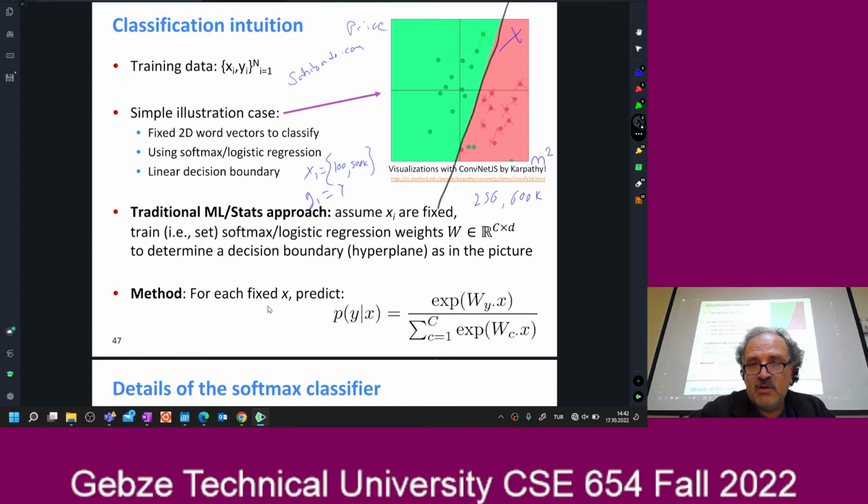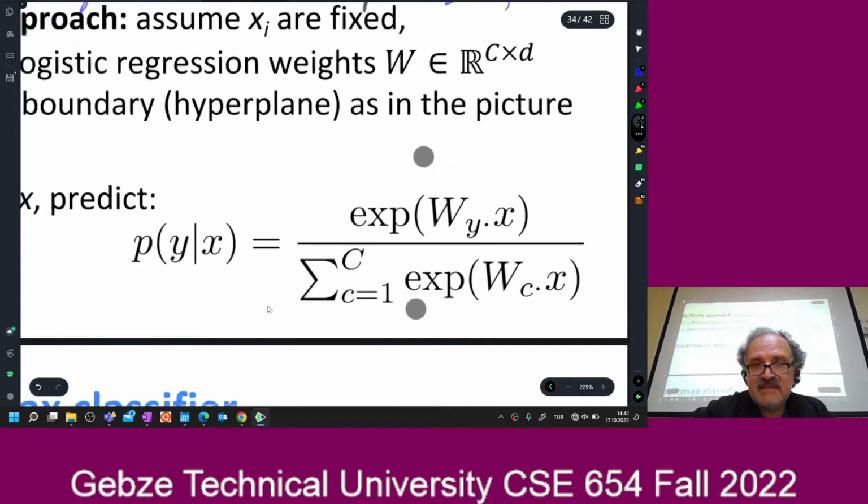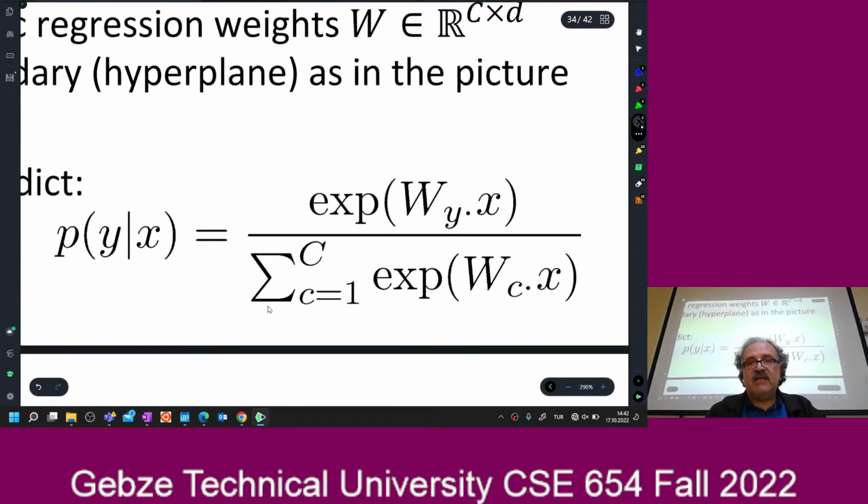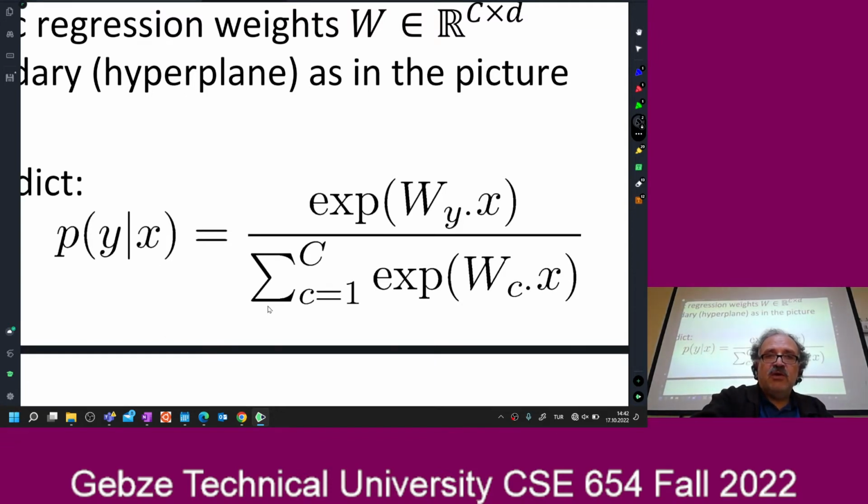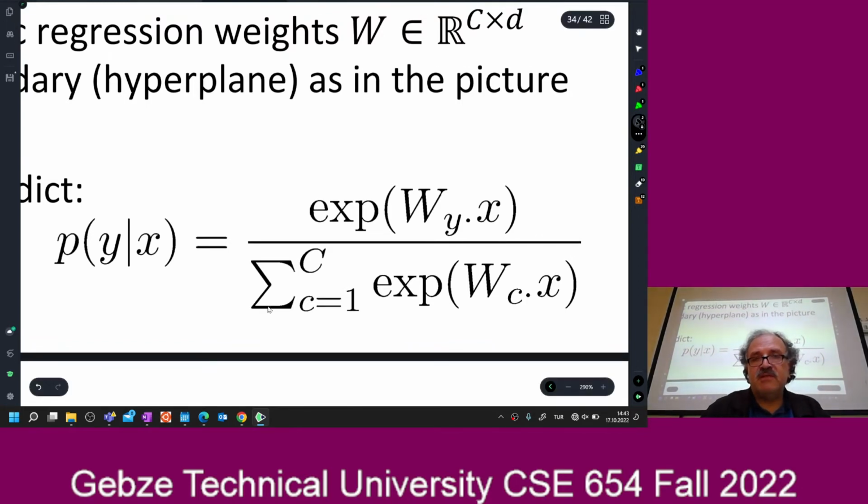This is called softmax. We looked at it previously, but let's look at it again. You give me your n-dimensional or d-dimensional input vector, and I will give you my answer, the probability of it.